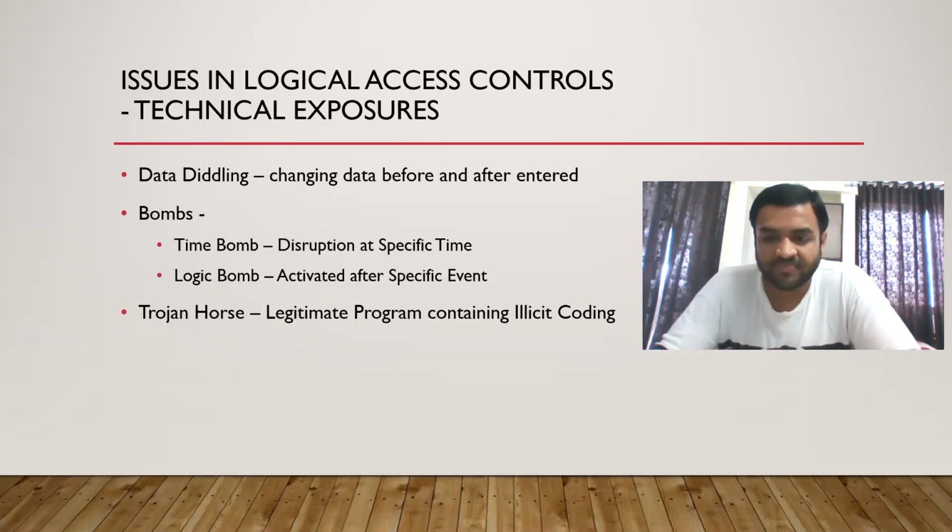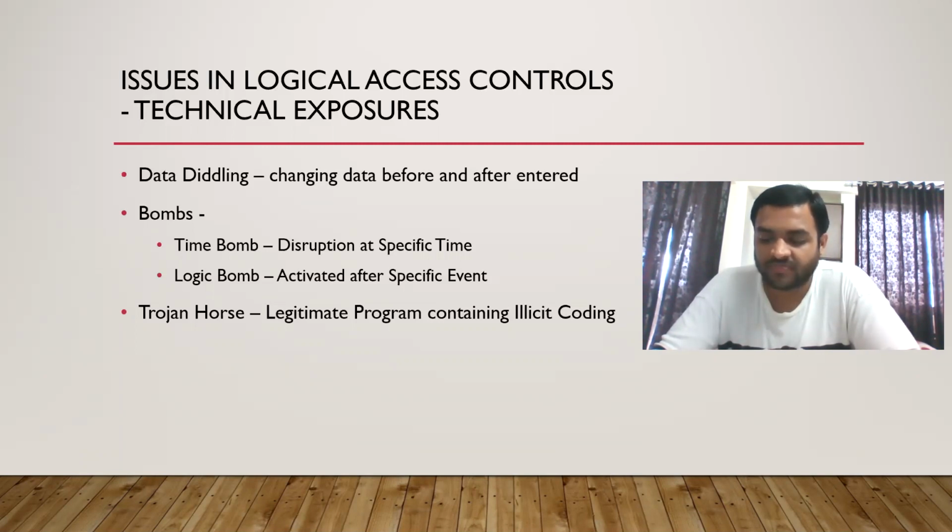Now this coding remains dormant for some time, but when you start using that application software, it activates itself and starts causing potential loss to the terminals. That is what is a Trojan horse.